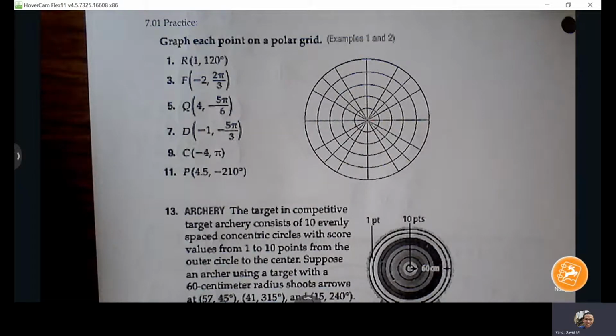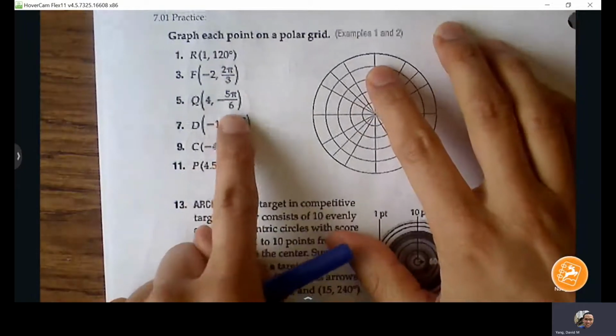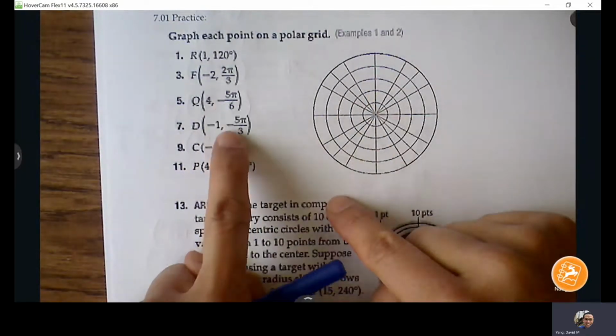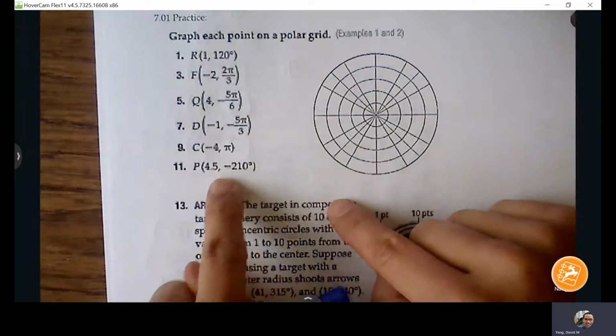Number 5 and 7, is that a negative? Yeah, this is negative 5 pi over 6, and this is negative 5 pi over 3. That's a little bit grainy, so thanks for asking.